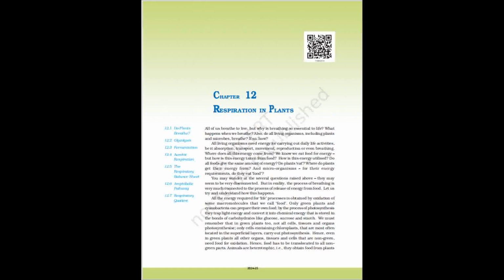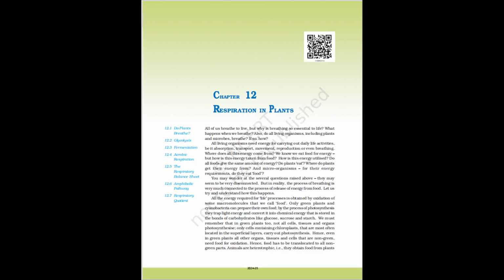This phosphorylated form of glucose then isomerises to produce fructose 6-phosphate. Subsequent steps of metabolism of glucose and fructose are the same. The various steps of glycolysis are depicted in Figure 12.1.